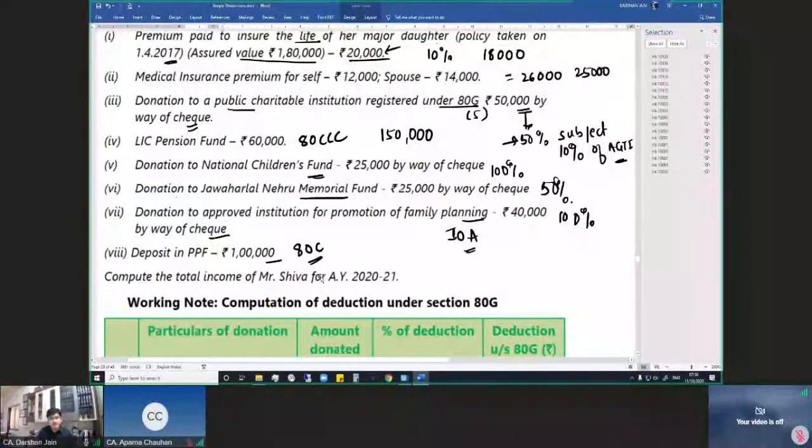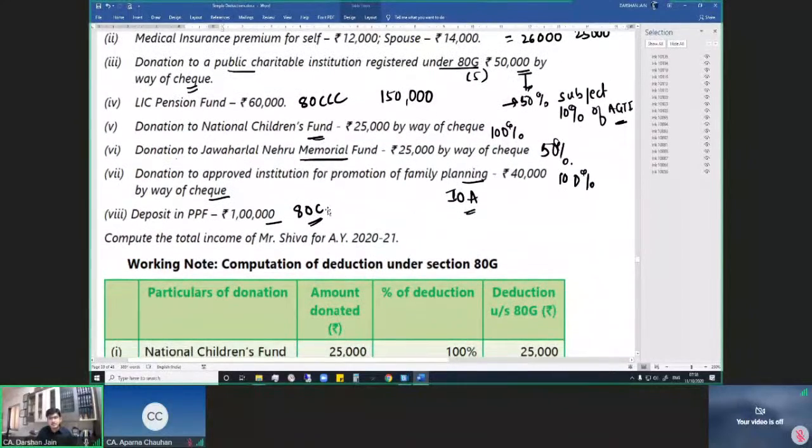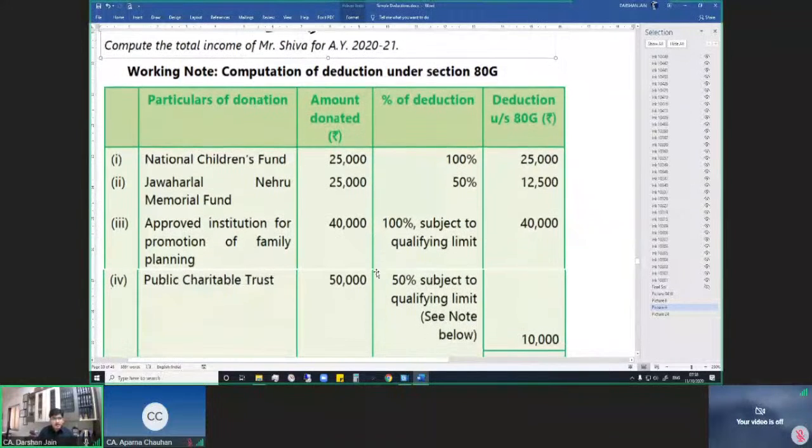So what we do here is, first and foremost, we'll have to find out the adjusted gross total income of the person. As far as the National Children Fund is concerned, when we talk of deduction under section 80G, you can avail 100% deduction of any donation made without any qualifying limit.